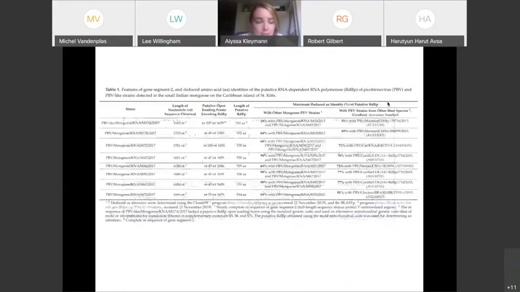And then this table shows the 8 strains that were characterized for the complete RdRp, with strain 58 being the complete gene segment 2, and the other 7 being nearly complete gene segment 2. And this table shows 48 to 99% identity between themselves, and a maximum of 51 to 85% identity with other host species.